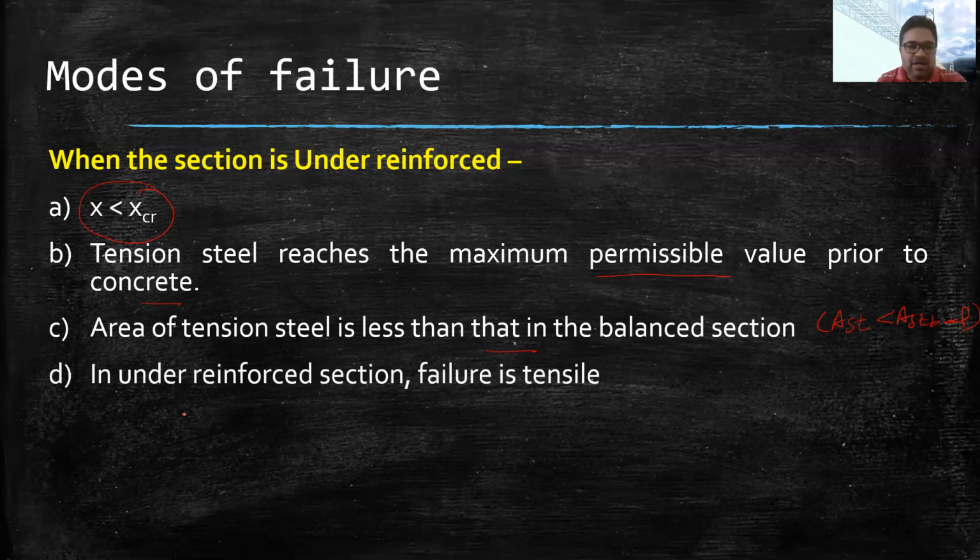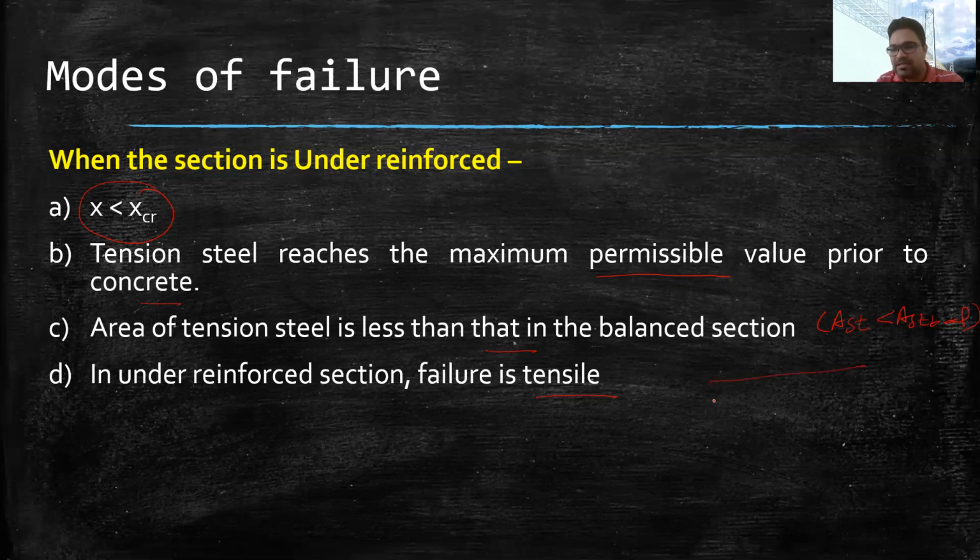And in case of an under reinforced section, the failure of the beam will be termed as tensile. Why? Because in this case, steel will reach its yield strain, and because the steel is ductile, the beam will have excessive deflection like this.